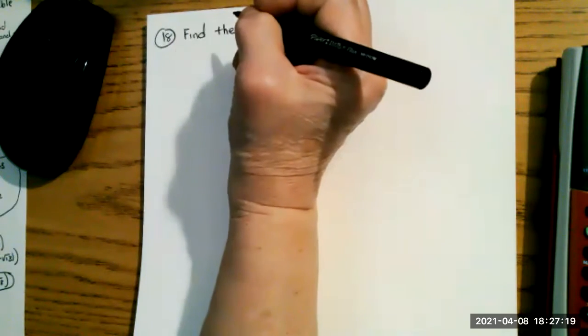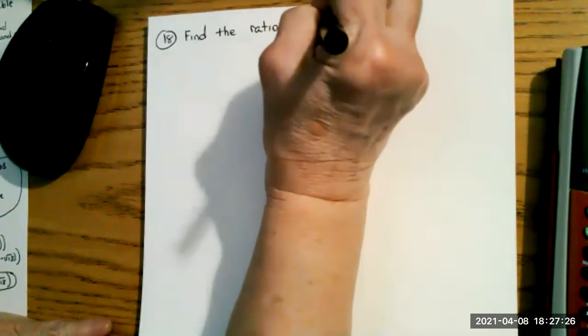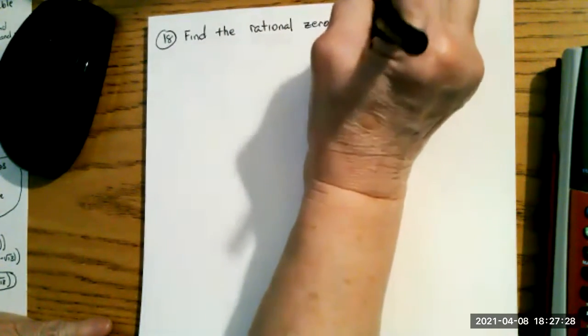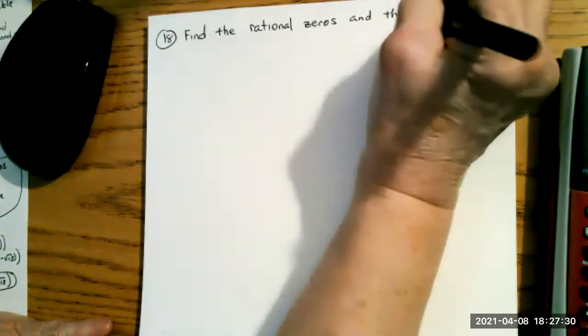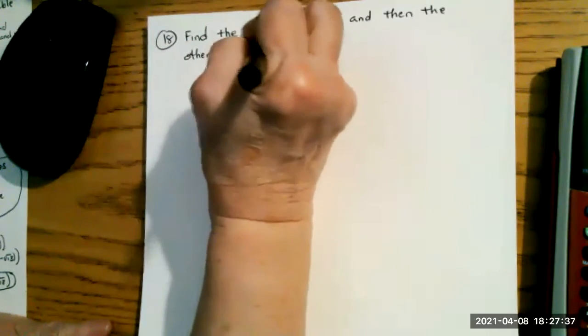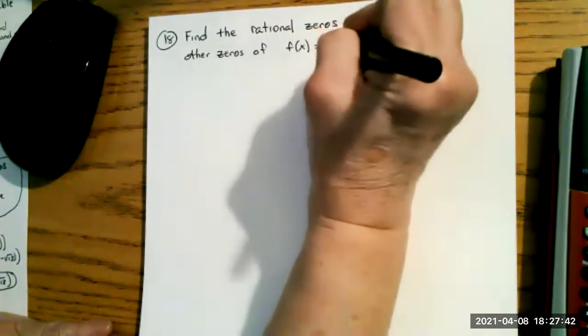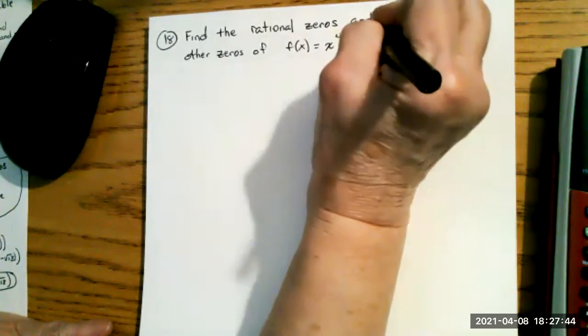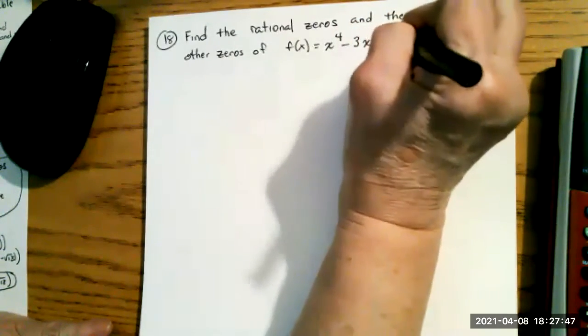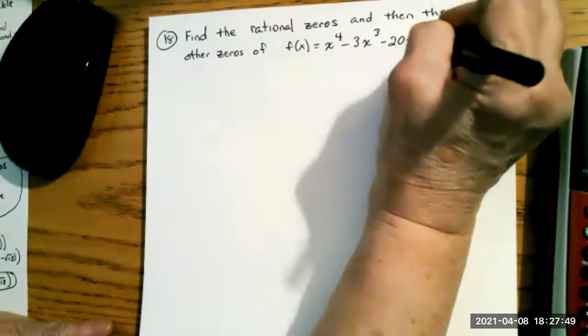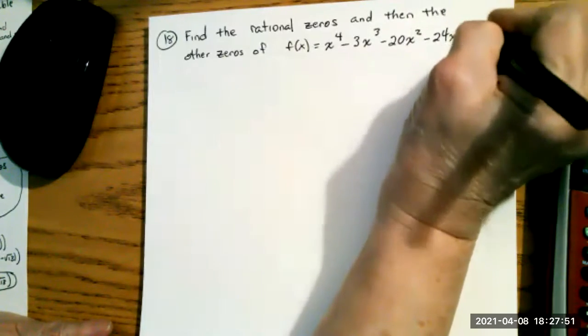This one is number 18, and it says find the rational zeros, and then the other zeros of f of x equals x to the 4th minus 3x cubed minus 20x squared minus 24x minus 8.